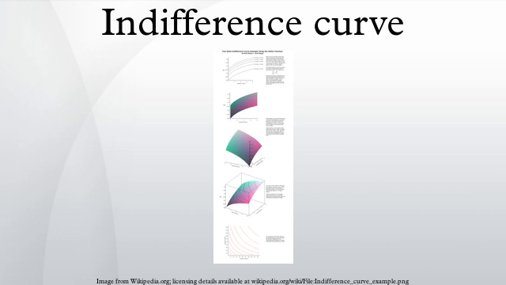Biology. As used in biology, the indifference curve is a model for how animals decide whether to perform a particular behavior, based on changes in two variables which can increase in intensity, one along the x-axis and the other along the y-axis. For example, the x-axis may measure the quantity of food available while the y-axis measures the risk involved in obtaining it.